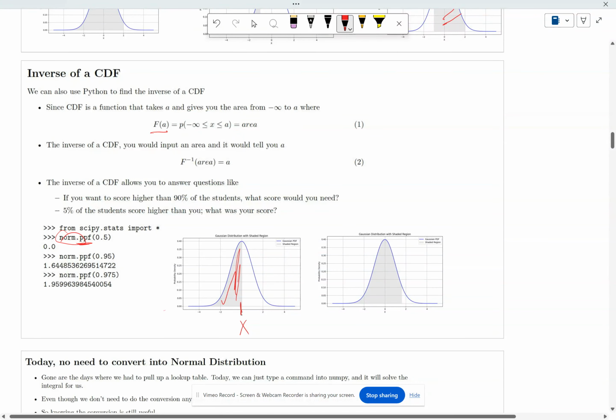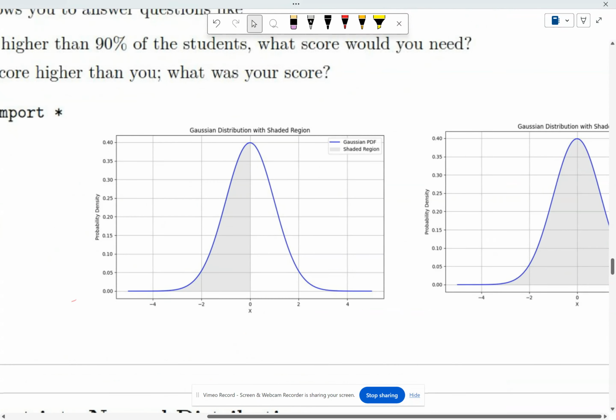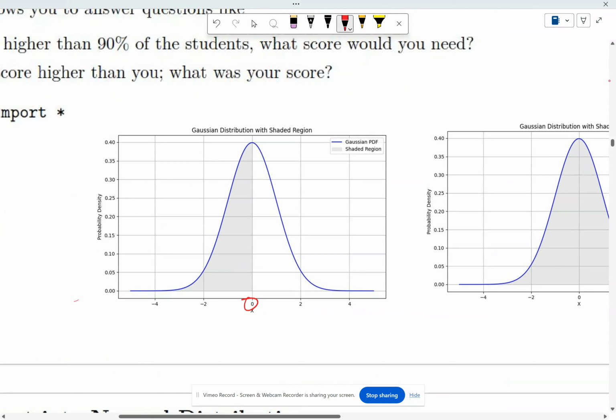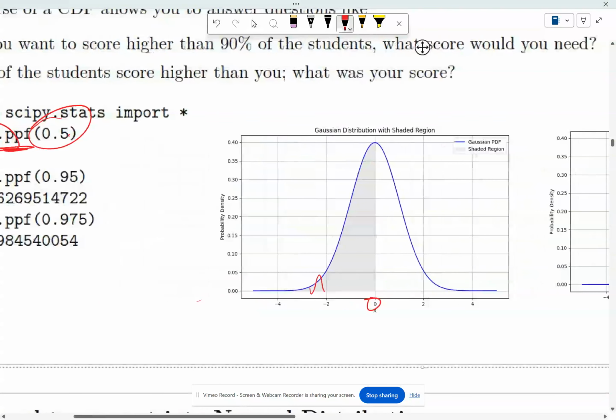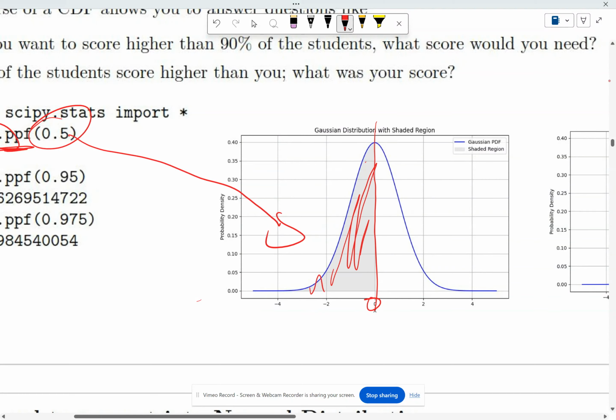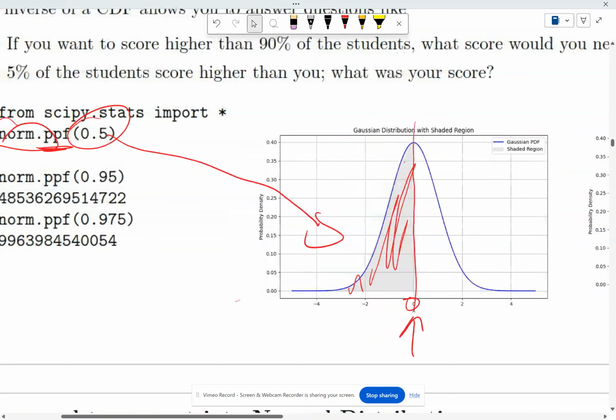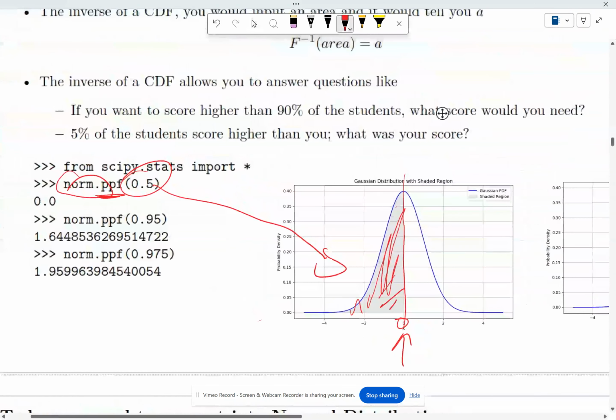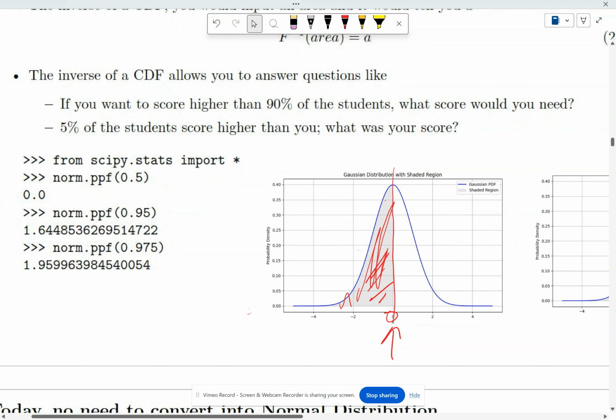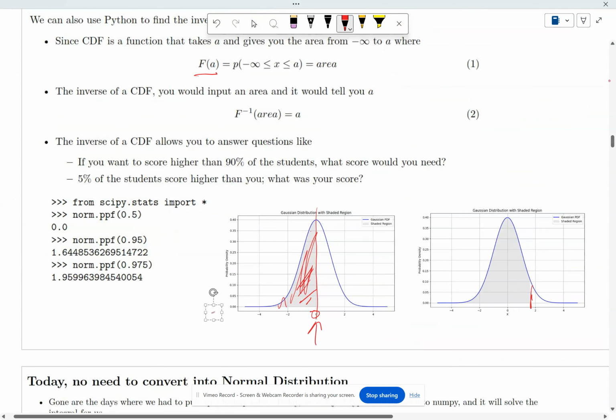So norm PPF 0.5. You know that this is 0, therefore half of the area, which is 0.5, will end up right here. So it should return 0. If it returns 0, it means that's where half of the area is, and you can see that it does. Or if you want to know 95%, which is right here, it will tell you that it's roughly 1.64.